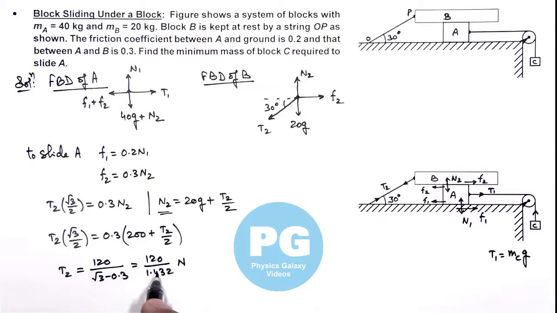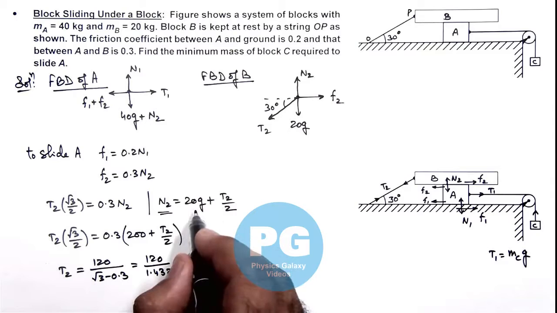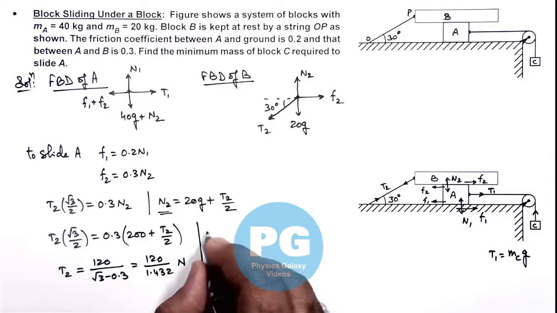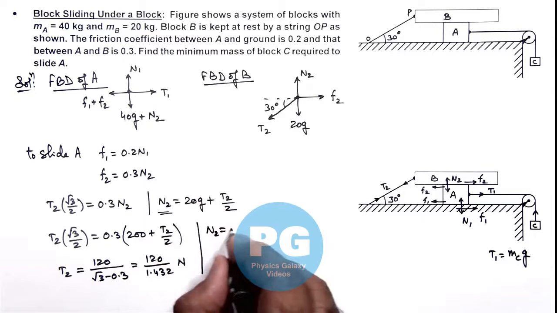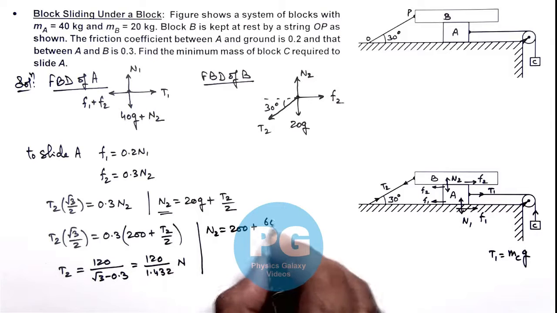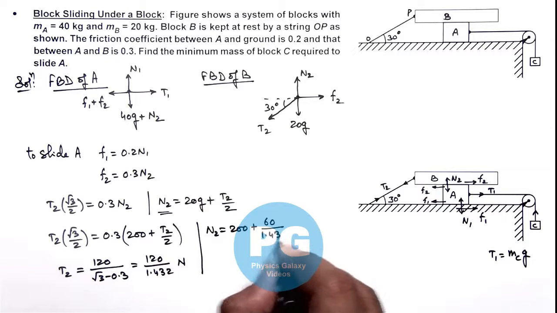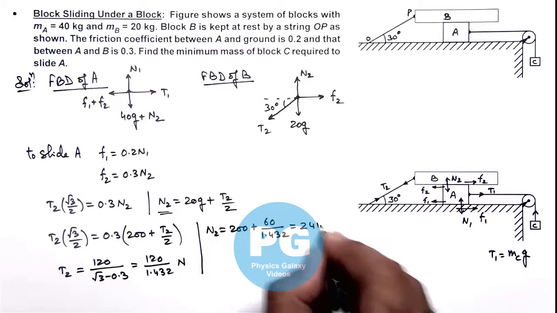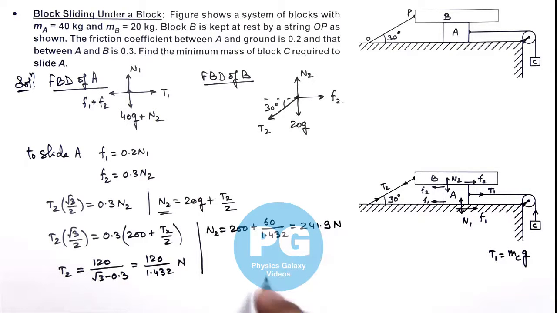If we have got the value of T2 from here, we can easily calculate the value of N2. Here we can continue. The value of N2 is equal to 20 g, which is 200, plus T2 by 2, which is 60 by 1.432. On simplifying, you'll get 241.9 Newton. So this is the value of N2.